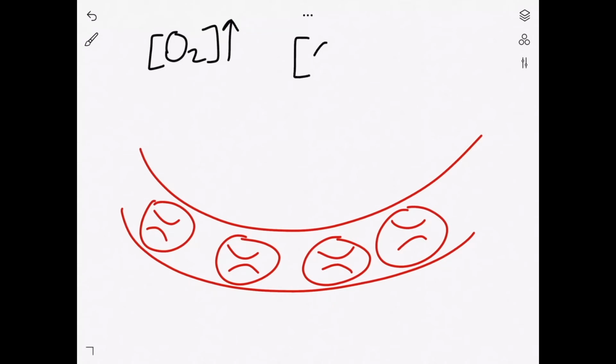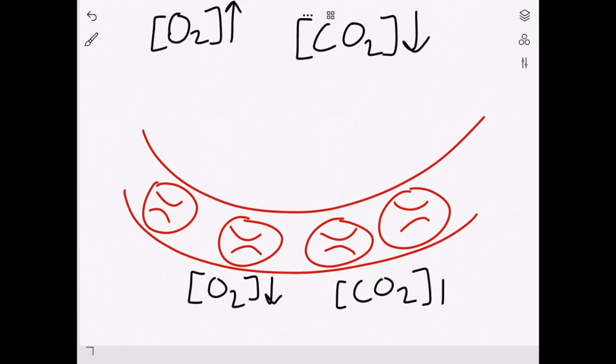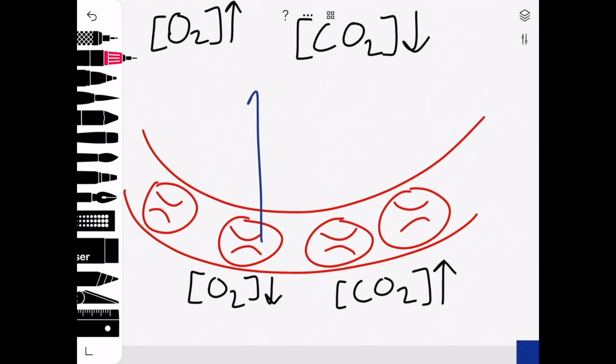As your cells use up oxygen and make carbon dioxide in cellular respiration, the concentration of oxygen decreases while the concentration of carbon dioxide increases. Then, excess oxygen in your blood moves into the region of lower concentration inside your cells, and the carbon dioxide moves out of the cell into the region of lower concentration.